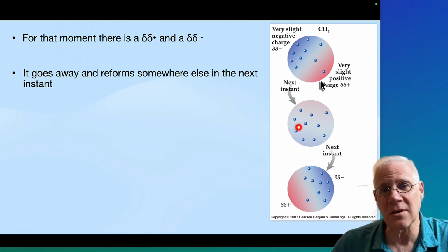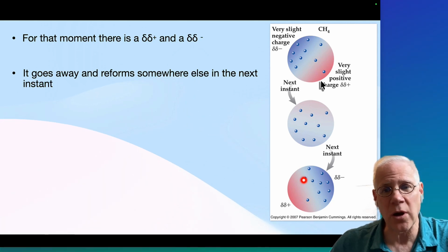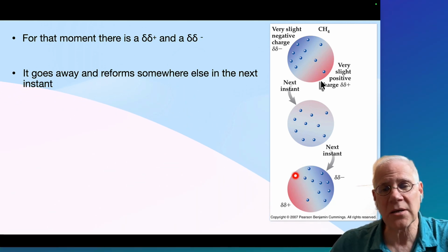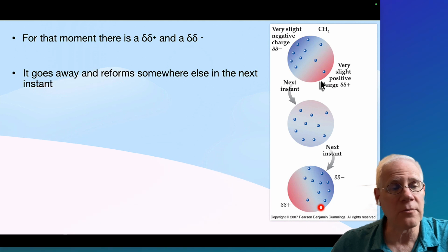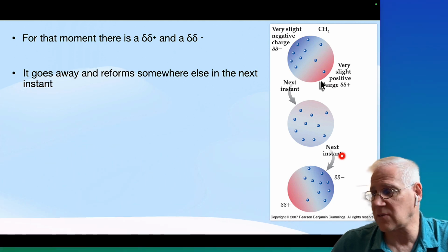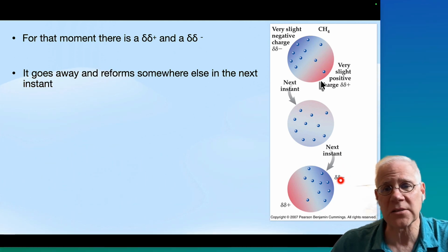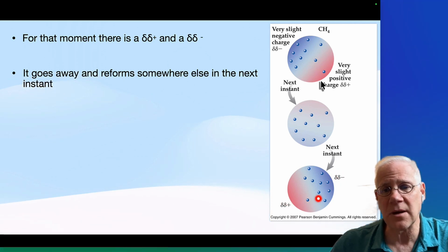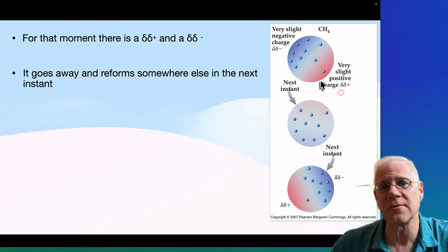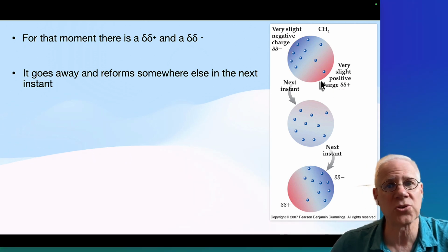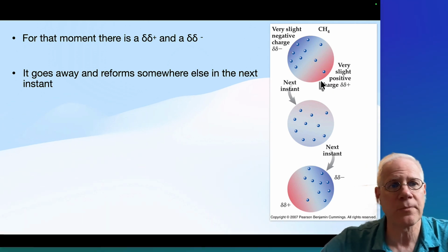So here we see another reasonable distribution of electrons. However, that random distribution where most of them are on one side and not on the other can form very easily. And so we see that we get another delta minus and a different delta plus. Notice that the directionality of the minus and plus are different for those two different instances.